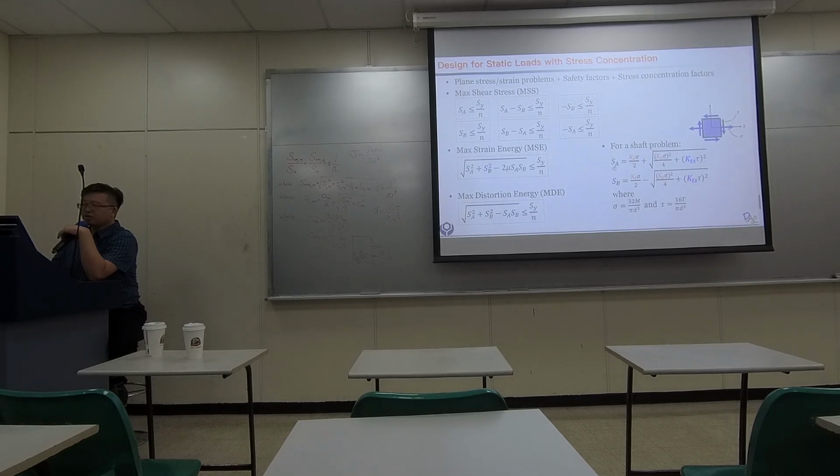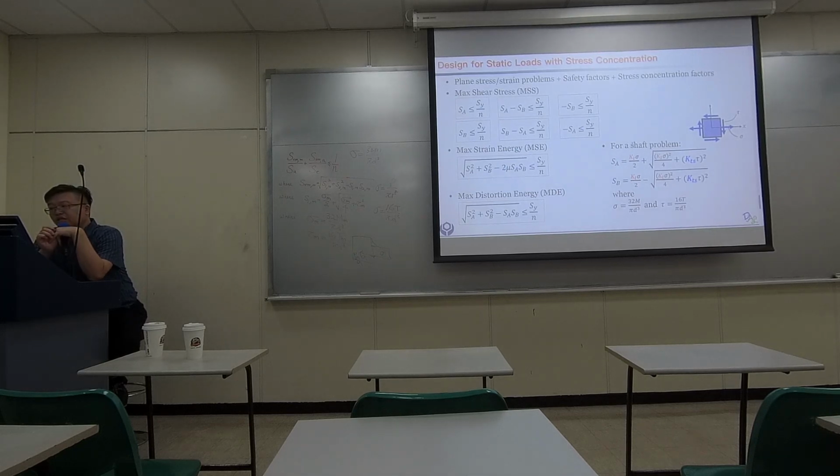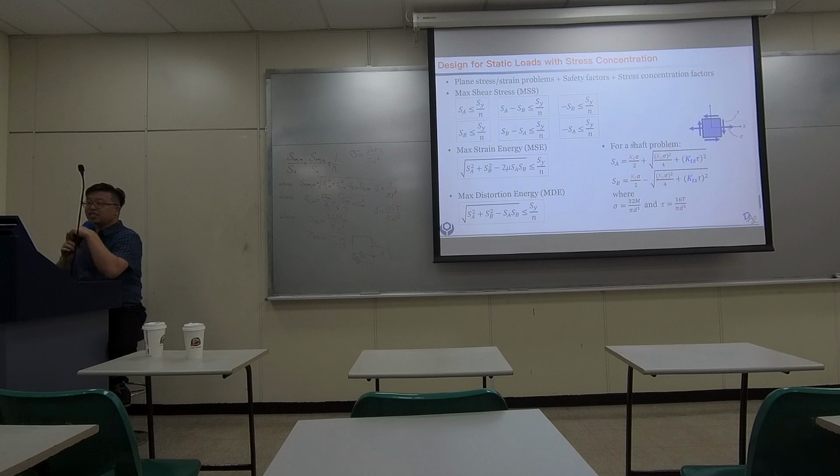When you try to compute the principal stress, and you have sigma and tau, and if at that particular position there should be stress concentration, then you need to multiply K. And you need to figure out what kind of load it's carrying, and estimate what the K will be. And like I said, it's not an exact equation. It's a curve determined from experiments, so it's only a kind of estimation.